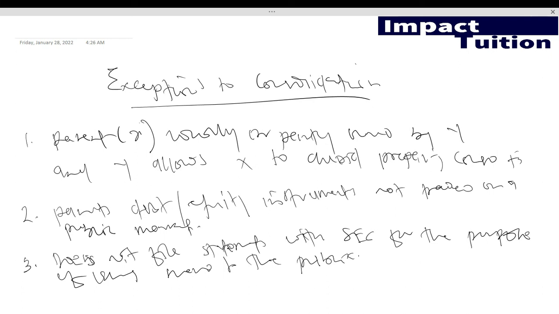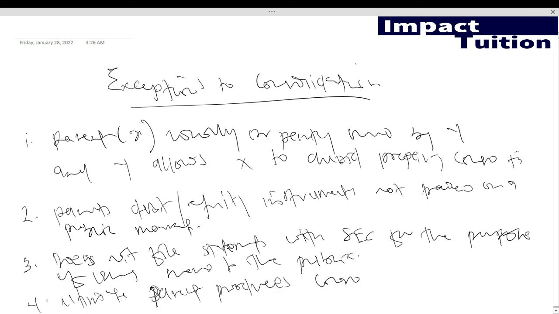And then finally, the ultimate parent company produces consolidated financial statements for public use. Ultimate parent produces consolidated financial statements for public use that comply with IFRS.